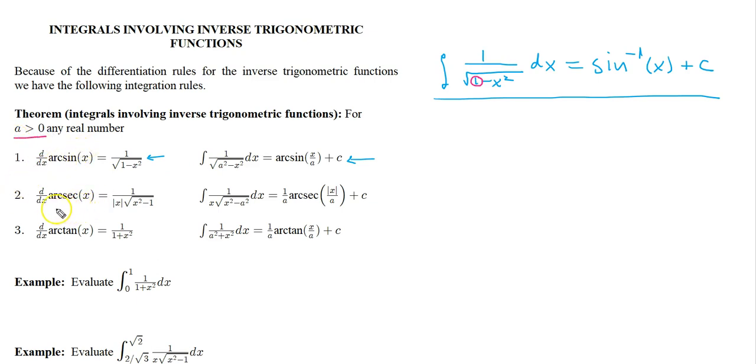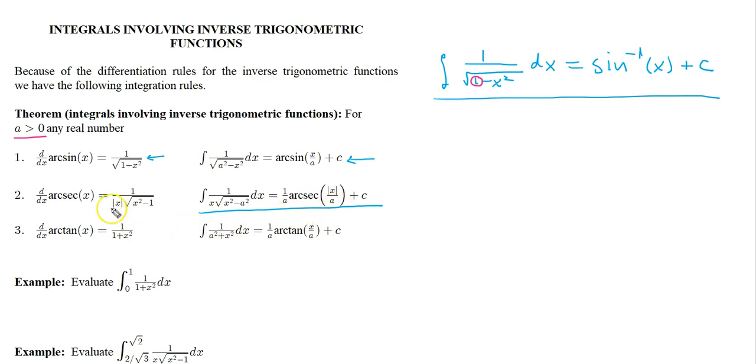Correspondingly, we also found out that the derivative of the arc secant was 1 over absolute value x times the square root of x squared minus 1. So then we have this formula right here. The antiderivative of 1 over x times the square root of x squared minus a squared dx is 1 over a arc secant absolute value x over a.